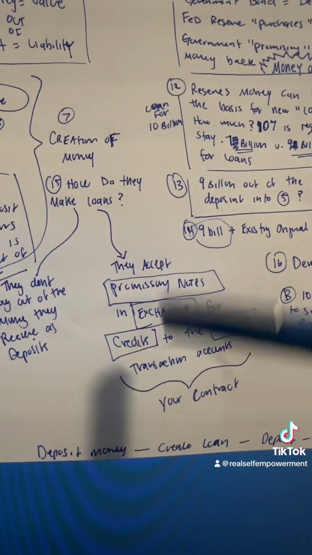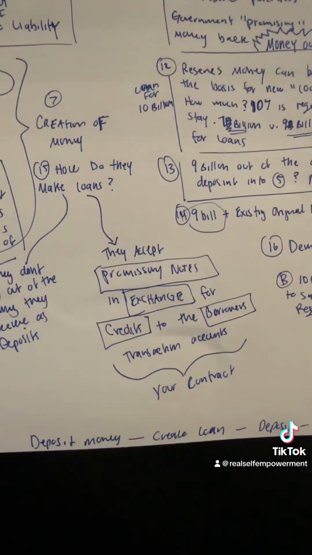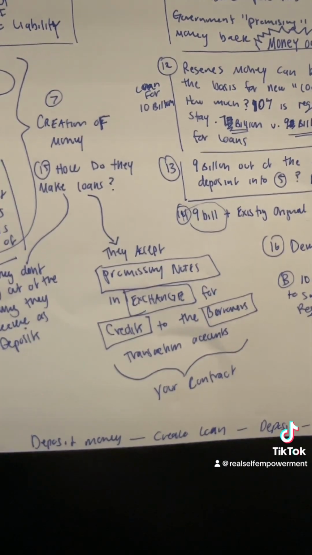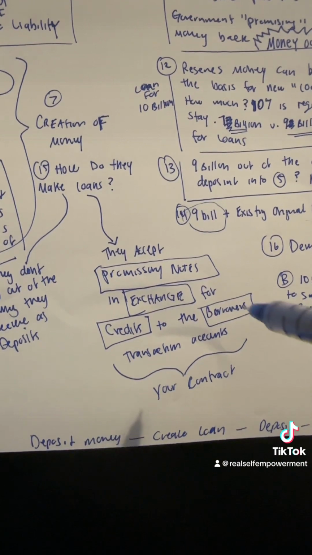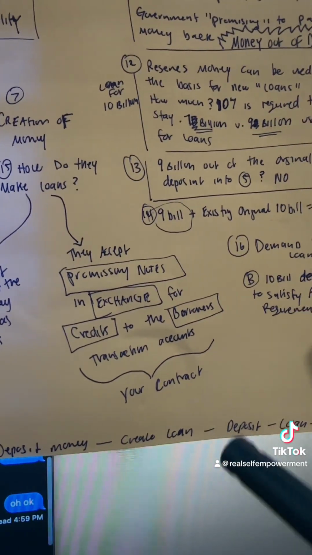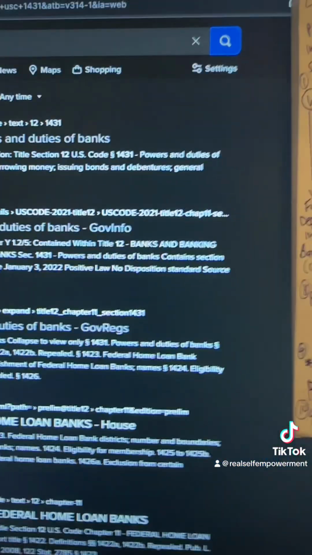They make loans off of your notes. And the crazy part is that you are giving them something of value, and they call you the borrower, but really they are the borrowers. Now, how do we know that the bank is the borrower?